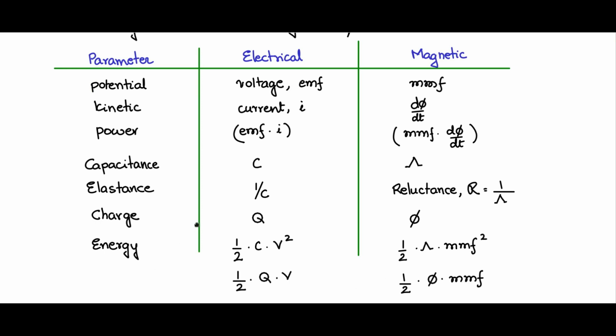You can write many more equivalents. You will see that because the energy is the same across the domains, there is a very nice strong equivalence between the electrical and the magnetic parameters. Use this equivalence to remember the equations in the magnetic domain.